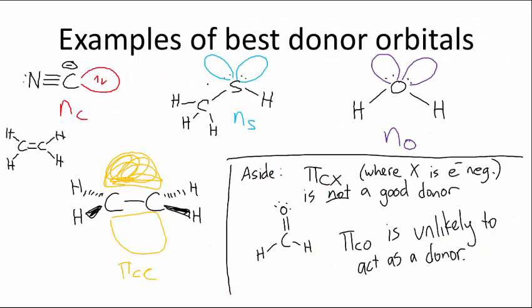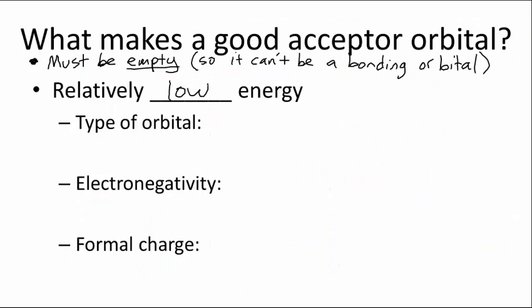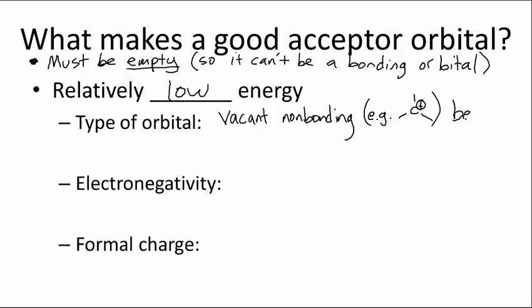So when we think about the best kind of acceptor here, vacant non-bonding would be the best. We said that would be something you have when you have a carbocation. But that's fairly rare. So then what would be second best?